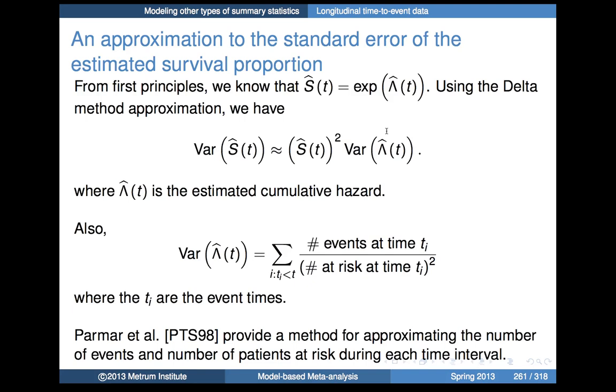So if we have a small amount of censoring, this probably provides a reasonably good approximation to what the standard error is at any time point. But if you're working in a disease area where you have a lot of censoring, this is going to underestimate the variance because the number of patients at risk is decreasing over time, and so the variance should be getting bigger faster than this approximation would provide for us.